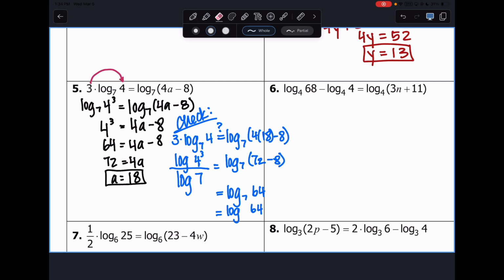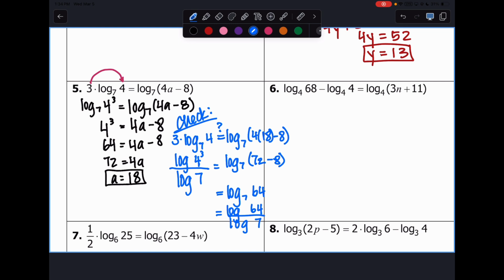Divide by log of 7. Okay? So you're going to do log, and then it opens the parentheses up right away. Put 64, close the parentheses, divide by log of 7. See what you get. You should get the same decimal as this one.